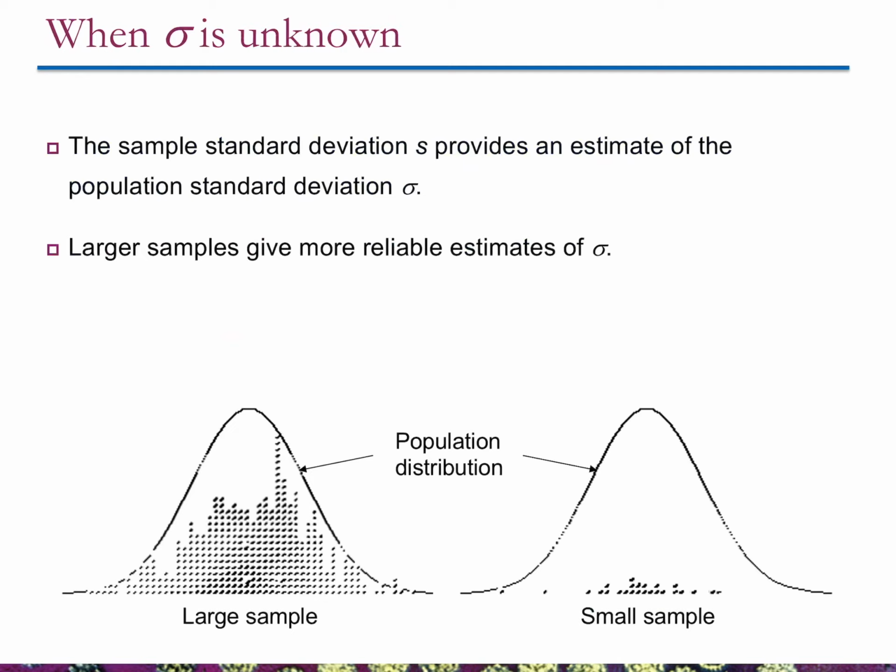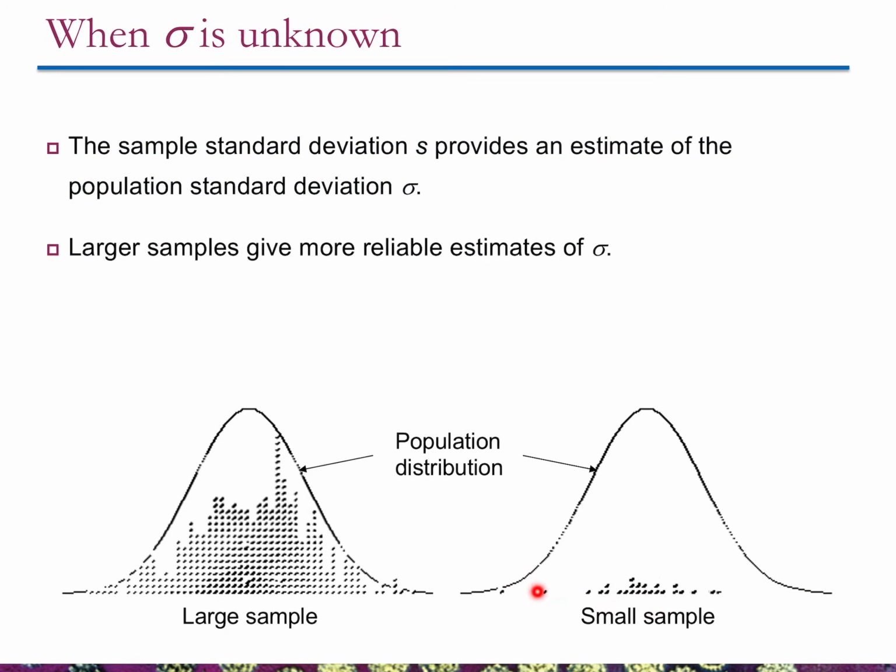But now, in a situation where we're more concerned with the standard deviation of the population that we don't know, also the larger the sample, the more reliable estimates of the population standard deviation that we get from our sampling distribution.